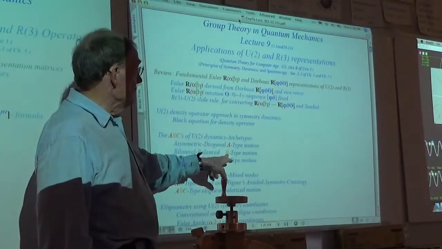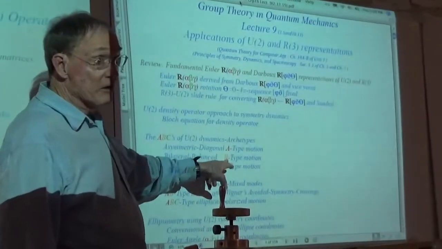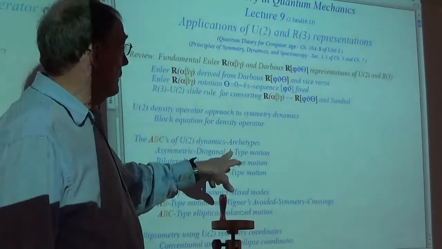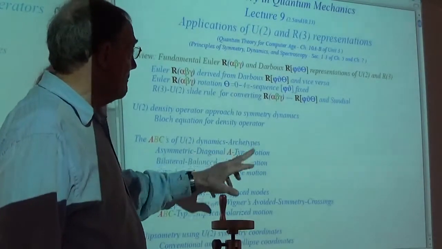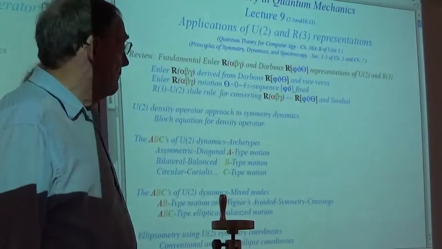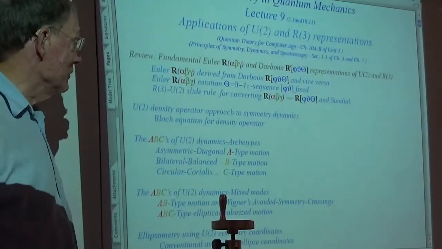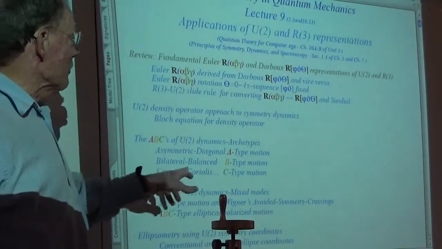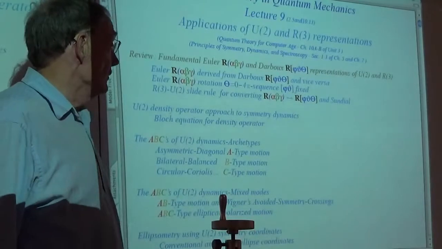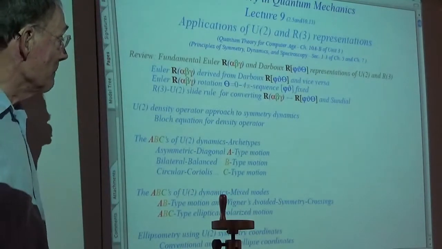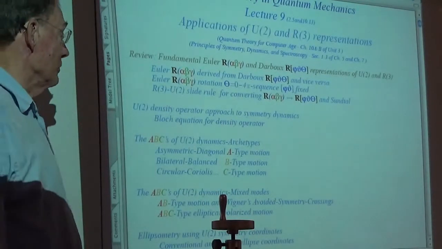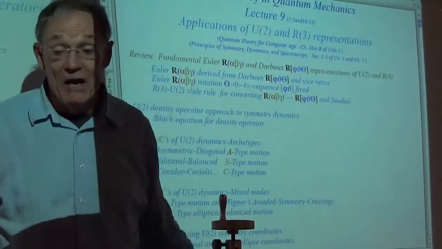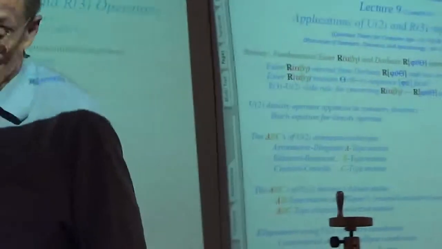We've already seen a little bit of the B-type motion, the bilaterally symmetric pendulum, but I want to look briefly at A, and then, shall we say, the big kahuna, if kahuna were spelled with a C instead of a K, is the circular Coriolis dynamics that is associated with elliptical polarization, circular polarization, and the various things that have chirality and current.